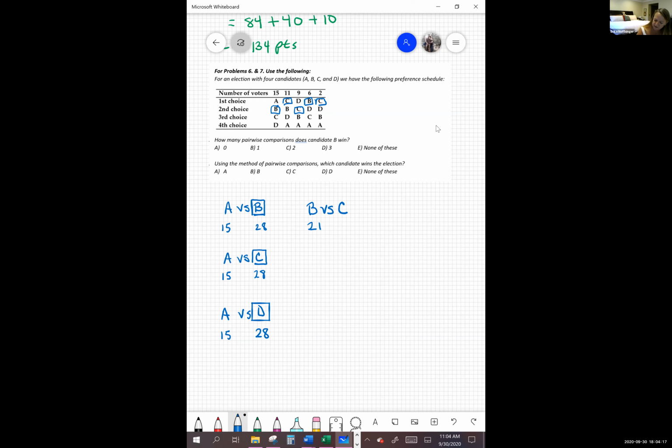And then C is the winner over B, 11 plus 9 is 20 plus 2, so 22 times. So C is the winner of that pairwise comparison between B and C.